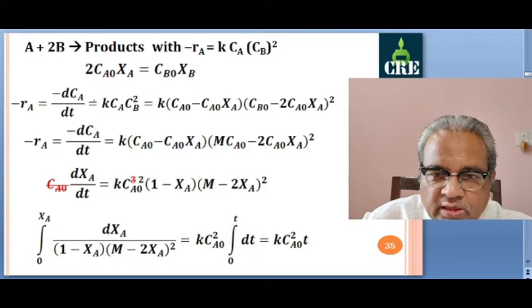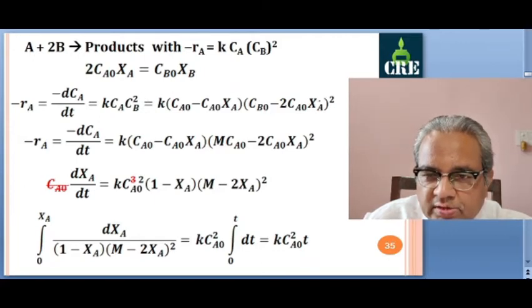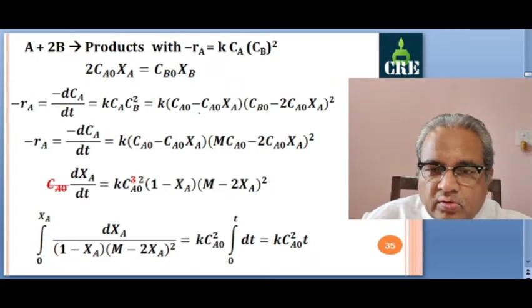Minus rA is minus dCA by dt, which is equal to k CA CB squared. And this we can write as k, where CA is CA0 minus CA0 XA, which we have seen earlier, and CB is CB0 minus 2 CA0 XA. And since we have CB squared, we write the bracket squared.